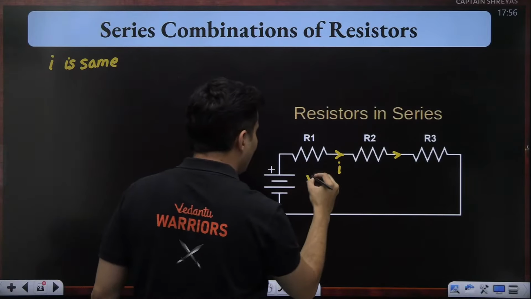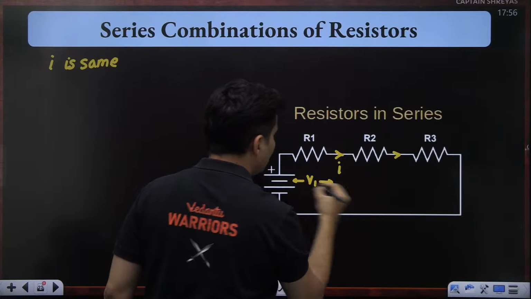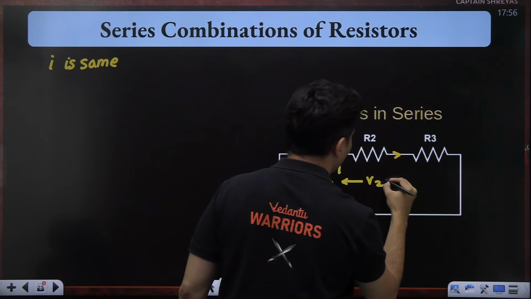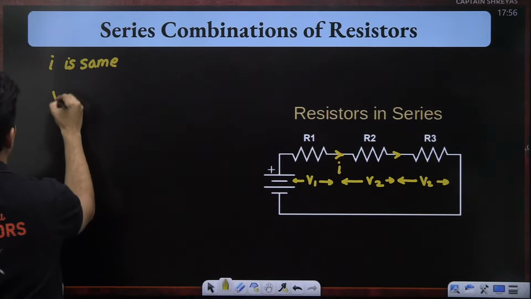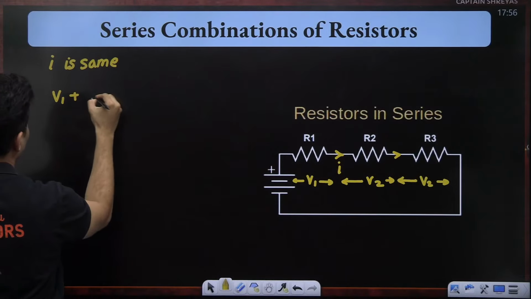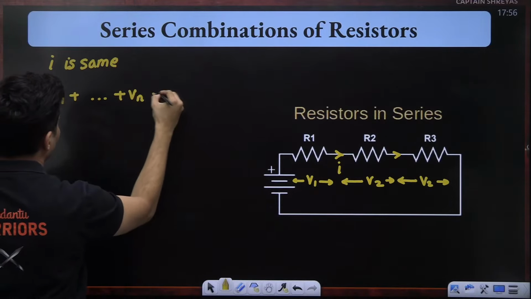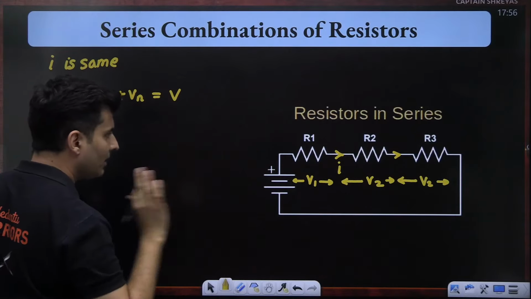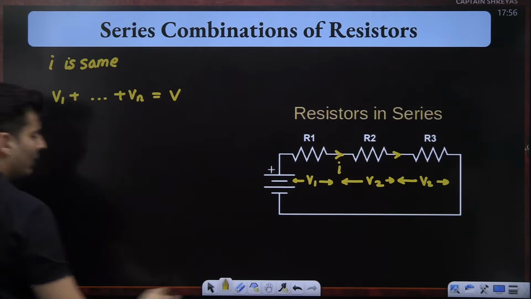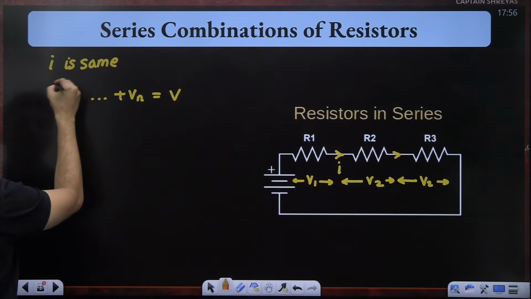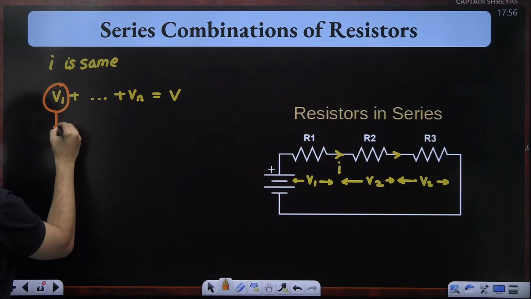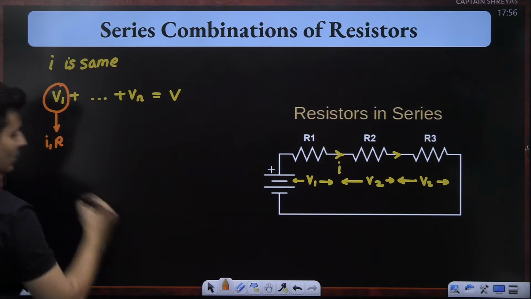Each one of them will have some voltage drop, V1, V2, V3, etc. So V1 plus V2 plus like that till Vn is the total voltage drop. Keep that in mind. And each one of these voltage drops will be current into resistance, since current is the same.